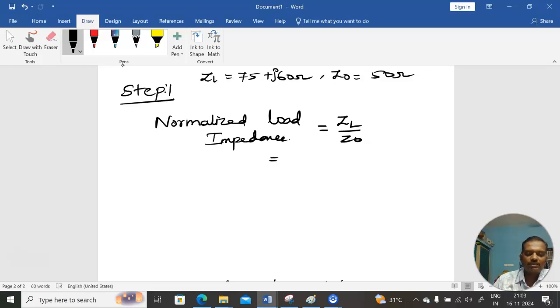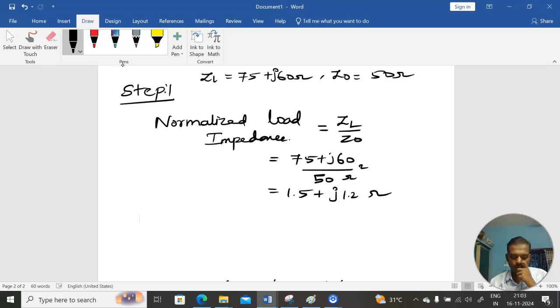So 75 plus j60 divided by 50 gives you 1.5 plus j1.2. This is our normalized impedance, which in a Smith chart we can mark as A.